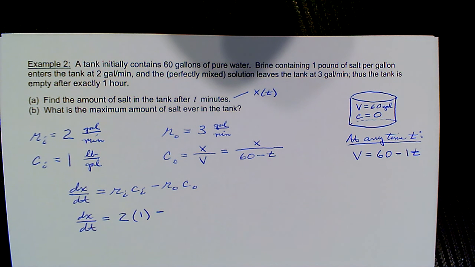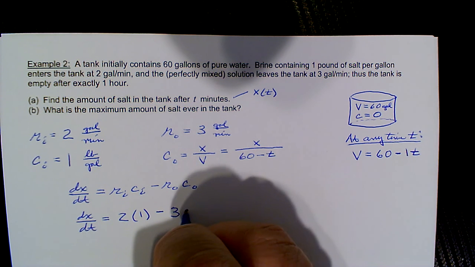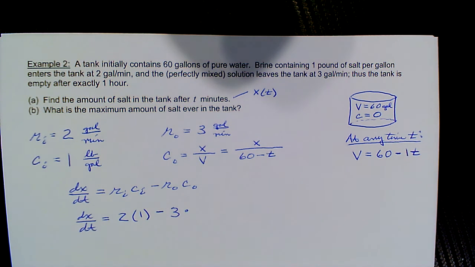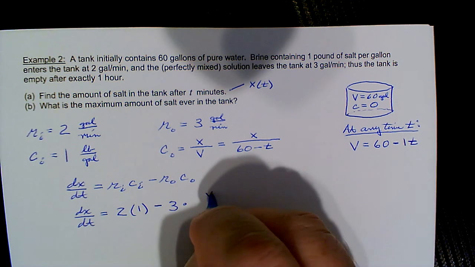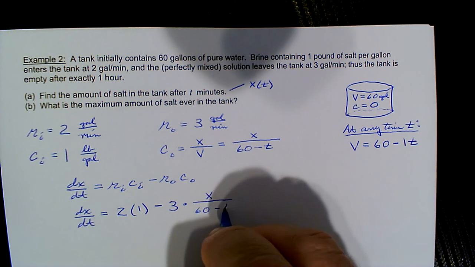Minus r sub O is 3 times c sub O, and c sub O is the x over 60 minus t.